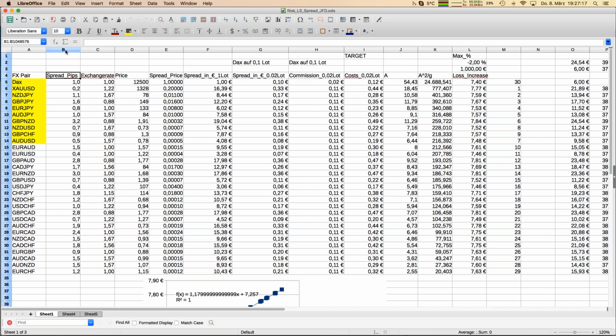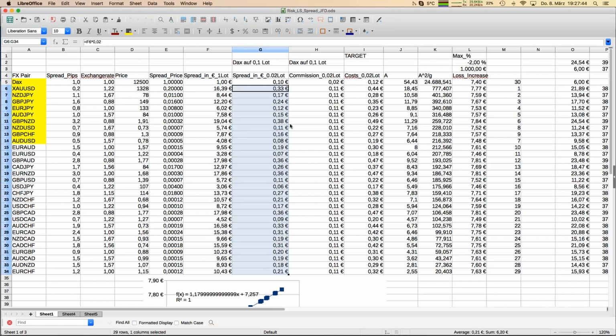Then I put into the calculation the spreads for all those underlyings, and those are typical spreads. It's not the best spread, it's more a typical spread. And then I did my math in order to calculate my spread for a 0.02 lot trade for all forex and gold trades.